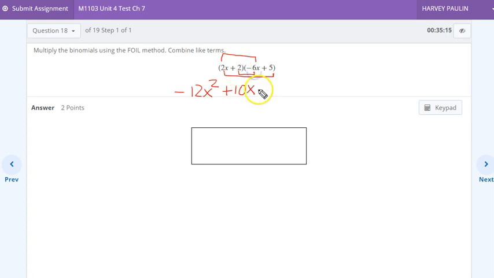Our inners, a negative 12x. And our last, a positive 10. So we group our like terms and then put this as a trinomial. And there it is.